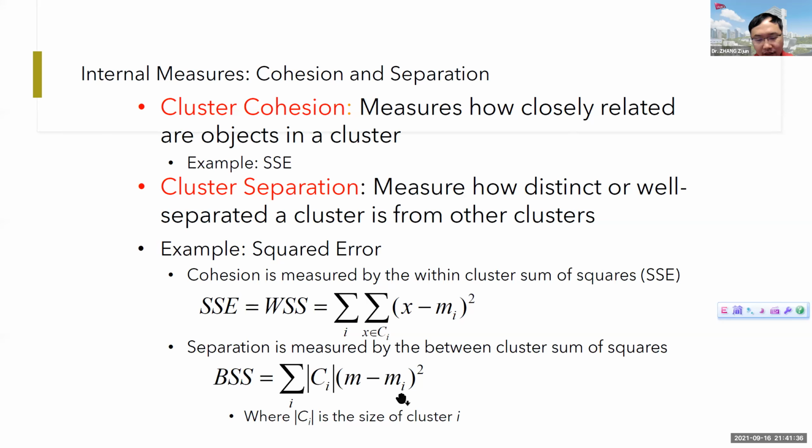It is a kind of variation idea. The SSE already considers the variation between the data points and the centroids. And for the centroids, it measures how separated they are from each other. This is the mean of the centroids, which is m.